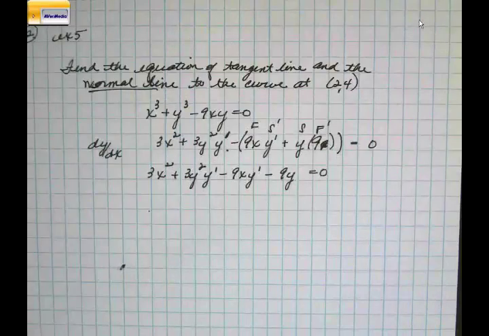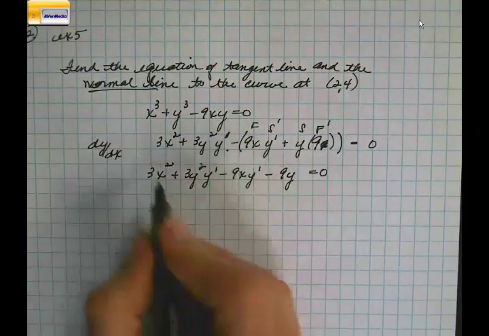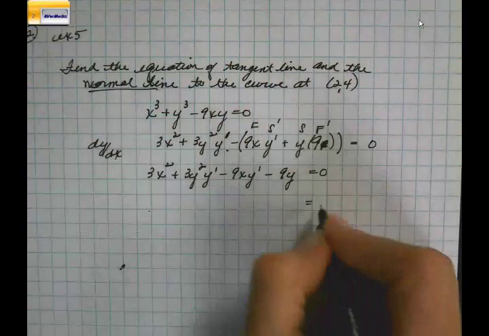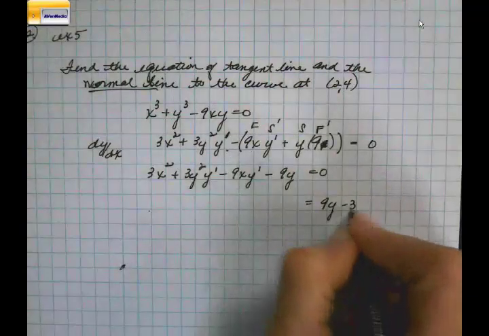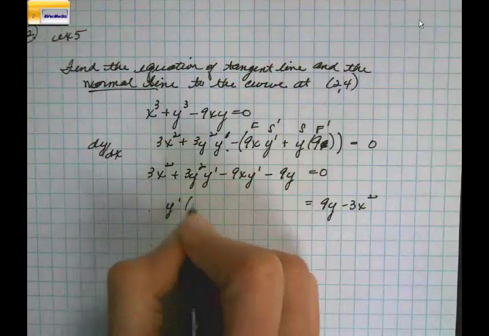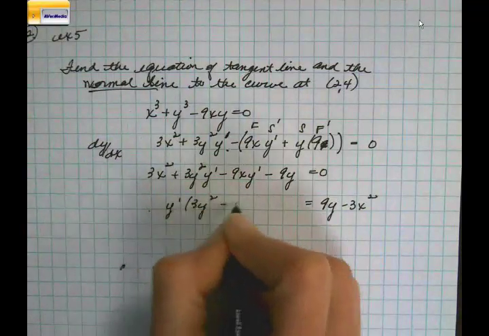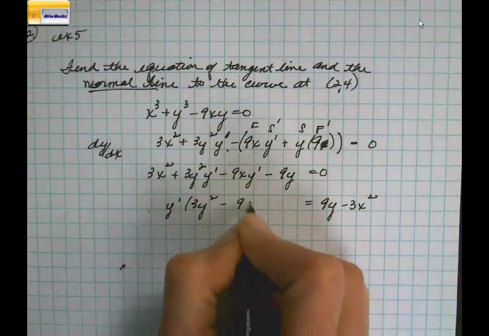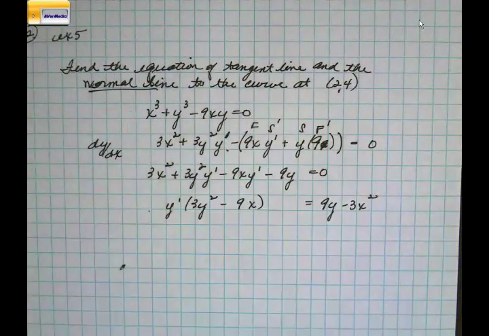Your goal is to find y prime. So move the 3x squared and the 9y, which is a 9y minus 3x squared, to the other side and factor the y prime off of the 3y squared and the 9x. Skipping a step or so there.